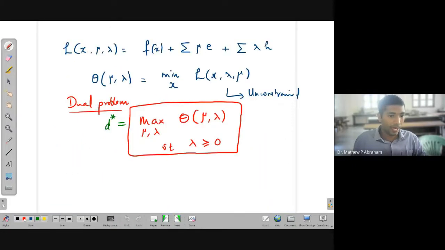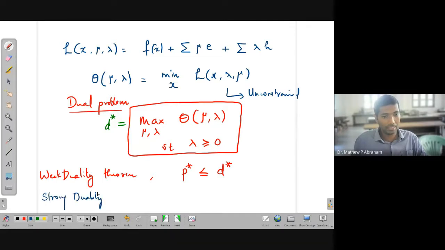Then there is a theorem called the duality theorem. It says that p star, which is the solution of the primal problem, will always be less than or equal to d star. This is the weak duality theorem. And there is something called the strong duality theorem, which imposes some constraints on the optimization problem. It says that p star is equal to d star.